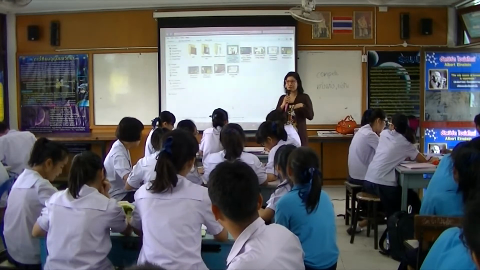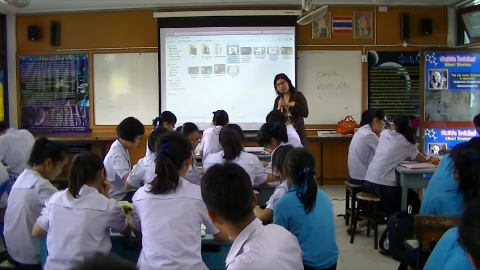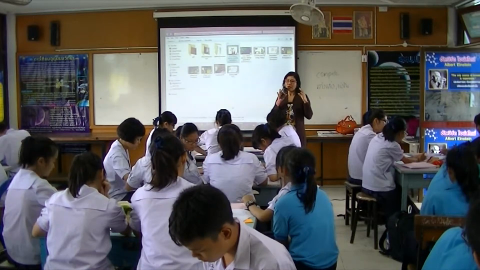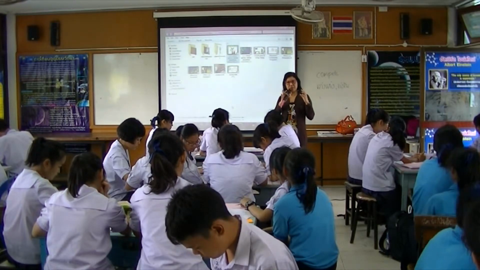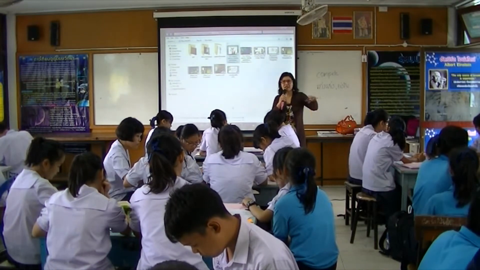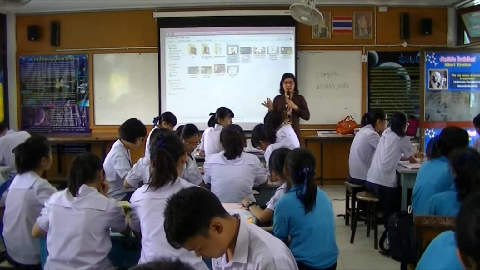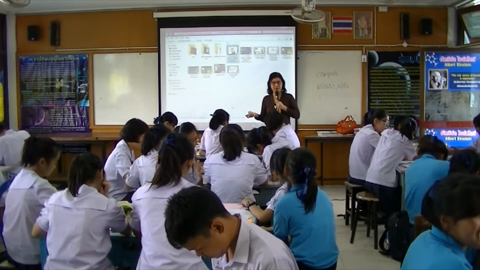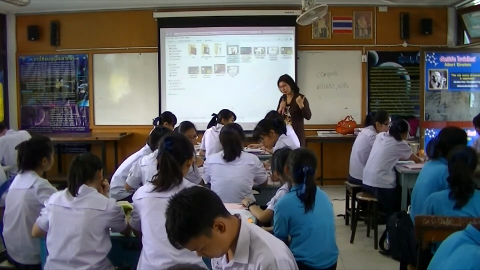A number of means many. A population means many organisms of the same species together in the same habitat. We call it a population when they are in the same habitat and at the same time. Okay, that is a population. I think very good.